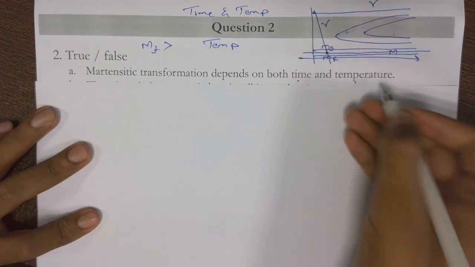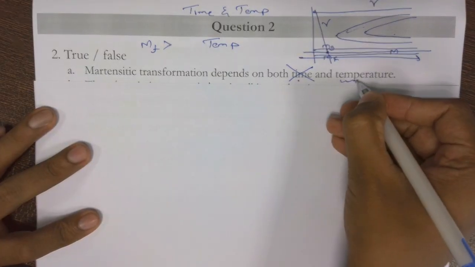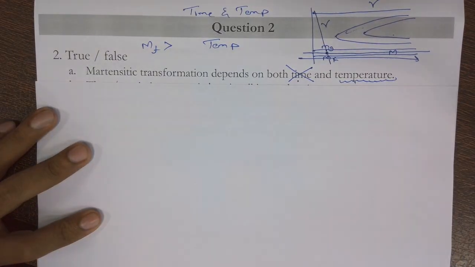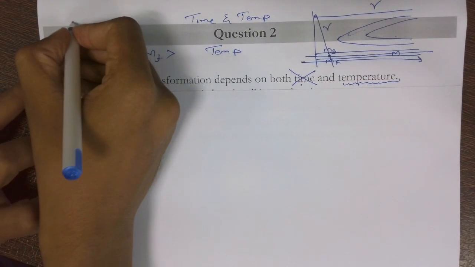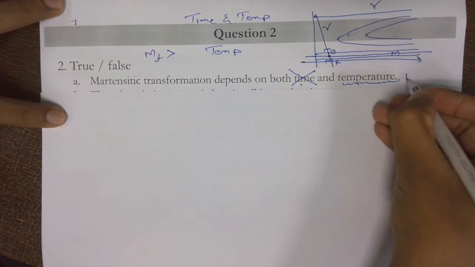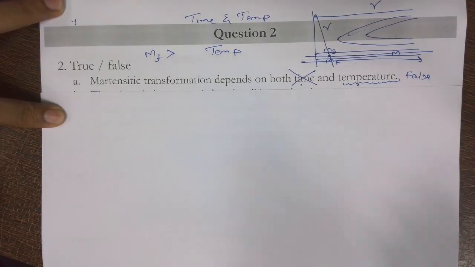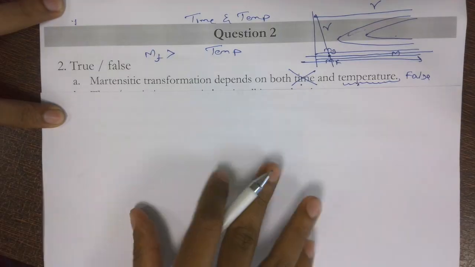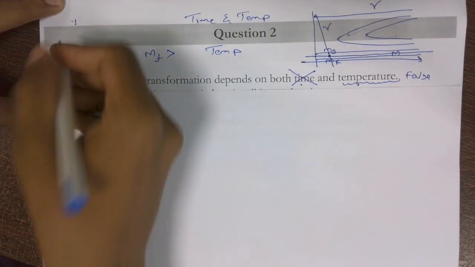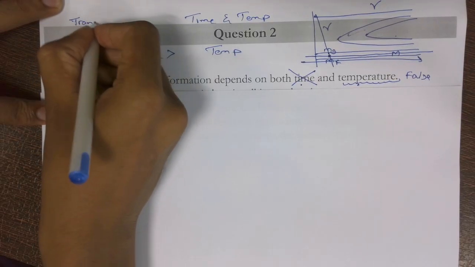So the answer here is false. If they only say it depends on the temperature, then we are fine, we'll put it as true. One more thing, the transformation rate is with respect to the time.